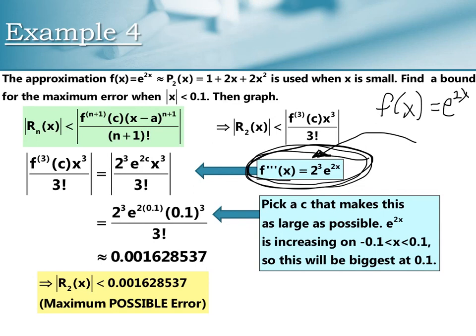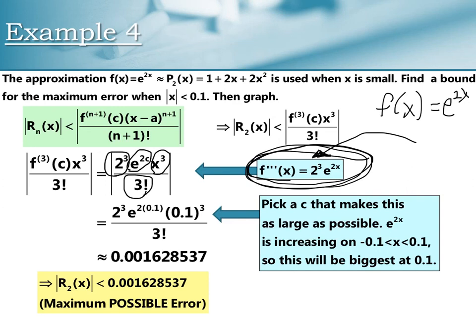So 2 to the third e to the 2x. Okay, so now we've got this expression: 2 to the third e to the 2c x cubed over 3 factorial. And now we're trying to come up with an upper bound for the amount of truncation error. An upper bound means we want to make this expression as big as possible on the interval we're allowed to work on.